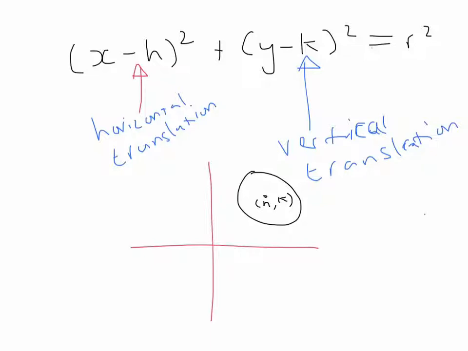What happens is if this is negative h, we move h units to the right in the positive direction, and if this is negative k, we're going to move k units up in the positive direction. And let's go through one of those examples.